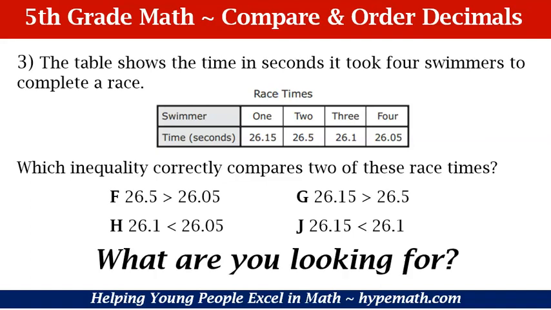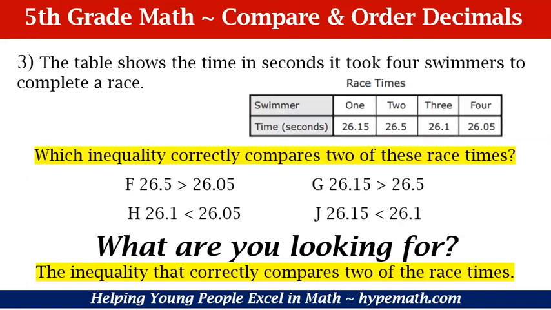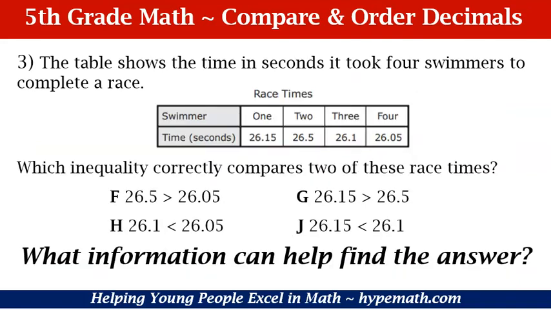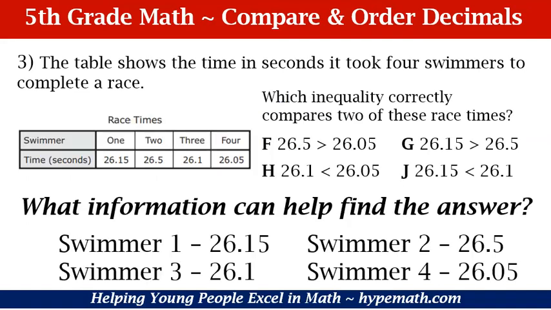What are we looking for? We are looking for the inequality that correctly compares 2 of the race times. So what information do we need to help us find the answer? To help us find the answer, we need to take a look at each swimmer's time.